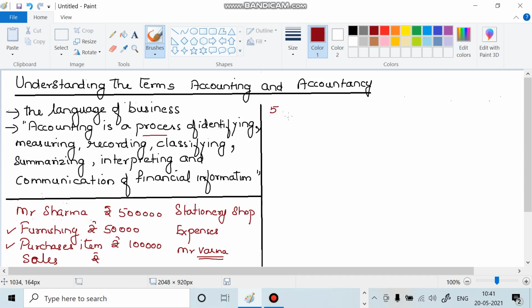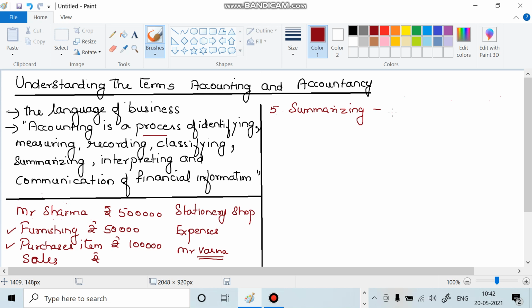The fifth step of accounting is called summarizing. Whatever has been written in the journal has got posted into the individual accounts called the ledger. Now, once the ledger accounts have been created and the entries have been posted into them, we balance those accounts and get the closing balances of those ledger accounts.